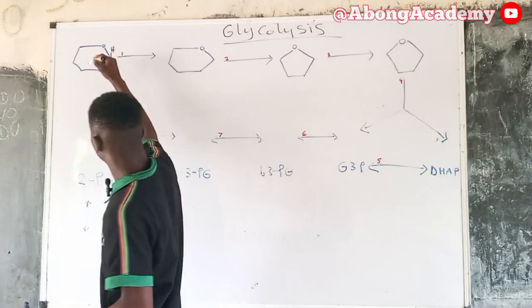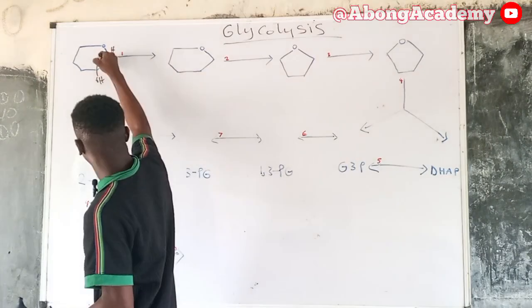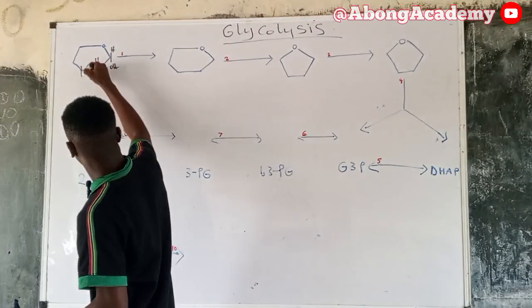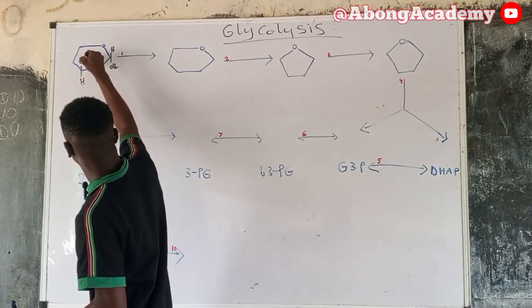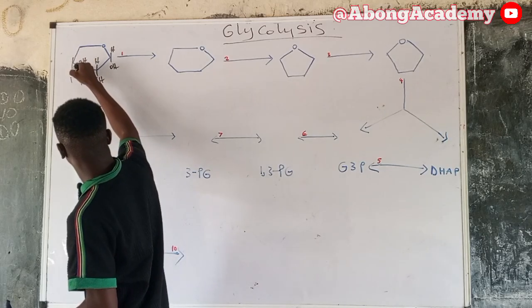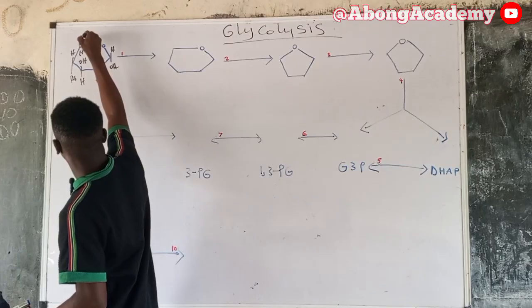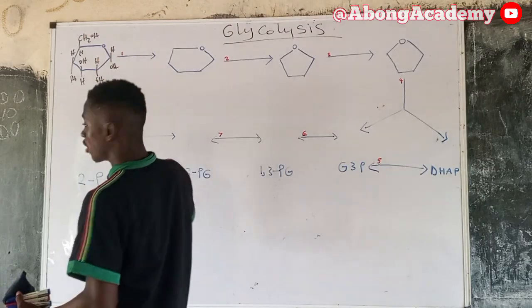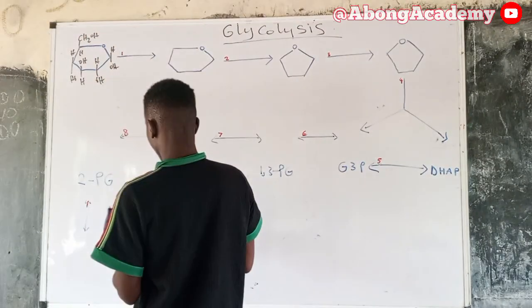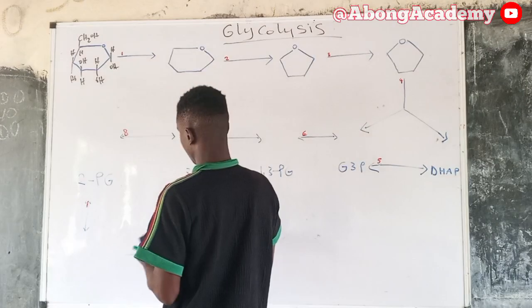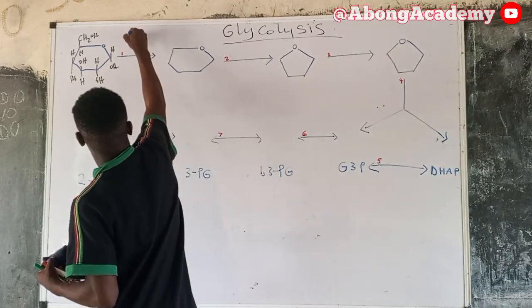It's a six-carbon molecule. And at the first step, glucose is converted to glucose phosphate. The enzyme that will catalyze that step is hexokinase.